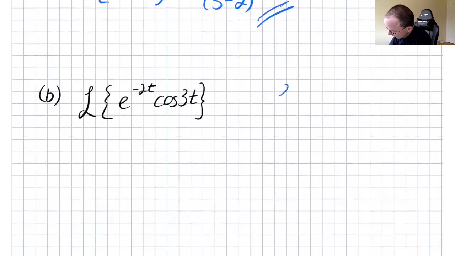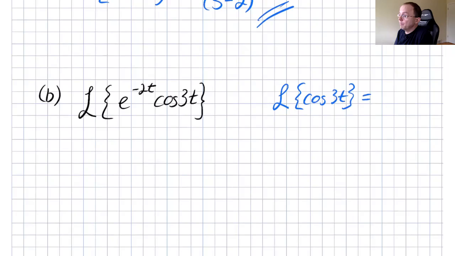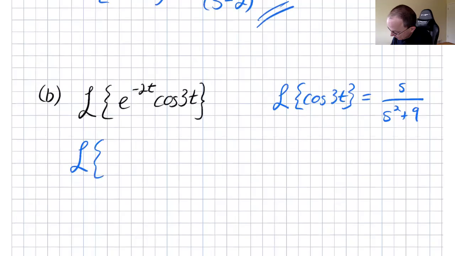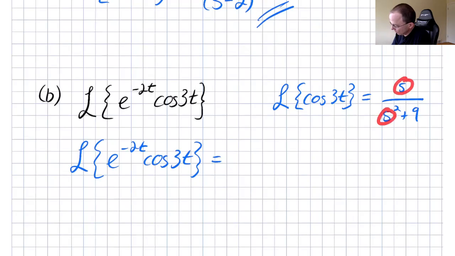So in this case, the Laplace transform of cosine 3t is going to be s over s squared plus 3 squared, which is 9. Okay, so that's our Laplace transform. And so that means that applying the translation rule, we replace the s here and here with s minus 2.